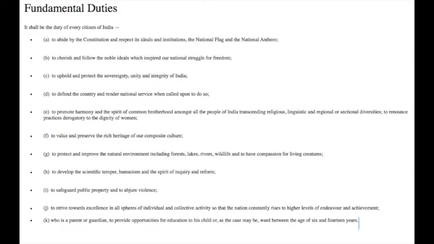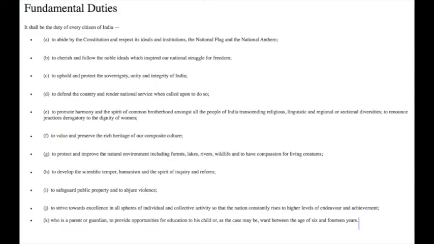And number five, to promote harmony and the spirit of common brotherhood amongst all the people of India, transcending religious, linguistic and regional or sectional diversities, to renounce practices derogatory to the dignity of women. It is the duty of the citizens to promote harmony, unity, coherence, the spirit of common brotherhood.